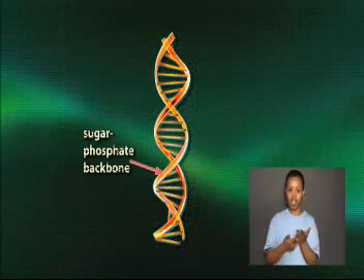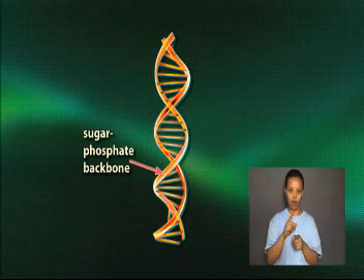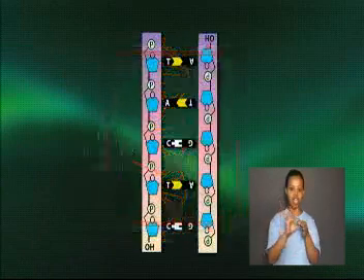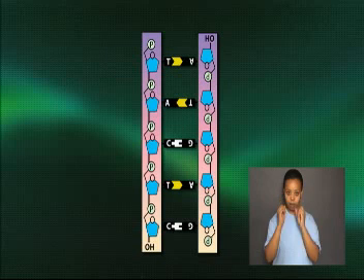Welcome back, students. Have you finished your diagrams? Let us see what the correct labels are so that you can compare them to your own work. This is the sugar phosphate backbone, and these are the base pairs. When we take a closer look, we can see the individual base pairs.